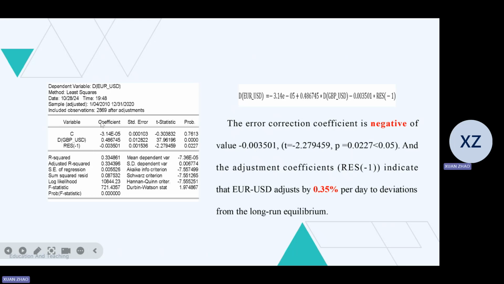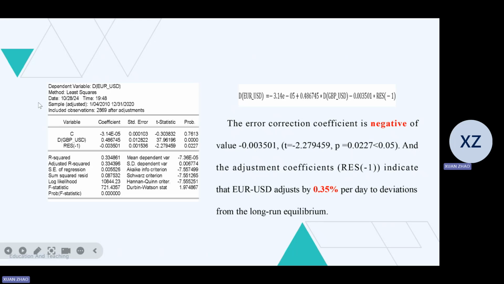The coefficient for RES is minus 0.0035. The adjustment coefficient indicates that Euro USD adjusts by 0.35% per day to deviations from the long-run equilibrium.